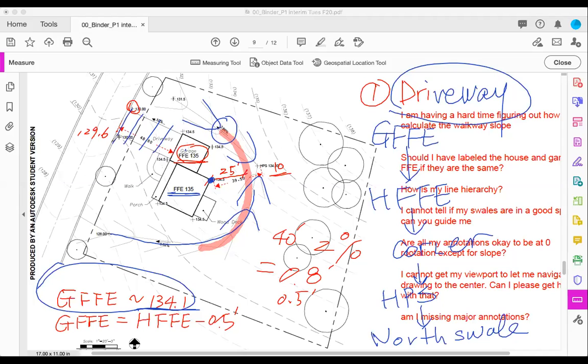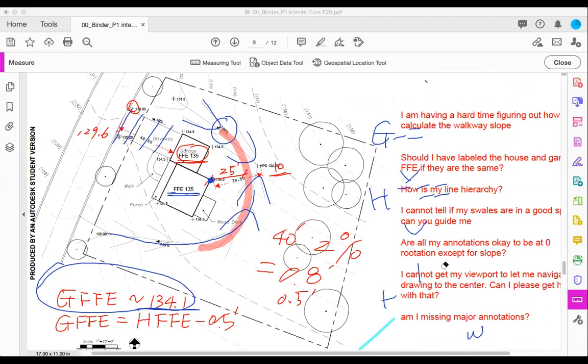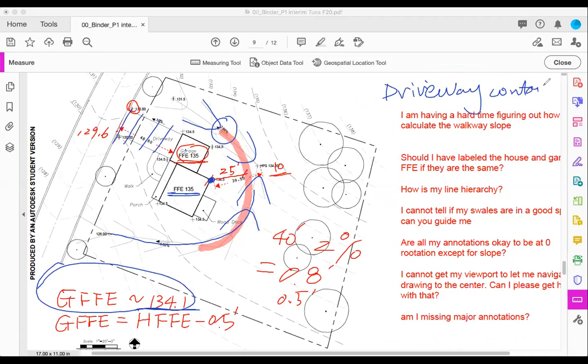Now, next step, once you've fixed your north swale, you would move on to your driveway contours, and then connect your driveway contours with your V-shaped swale contours.